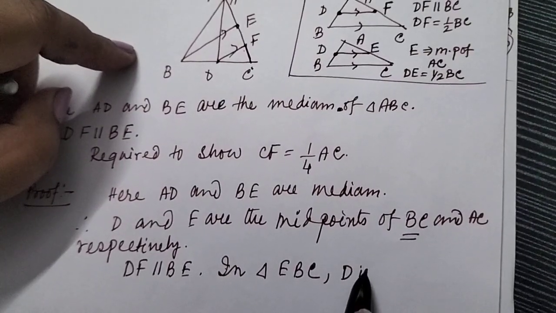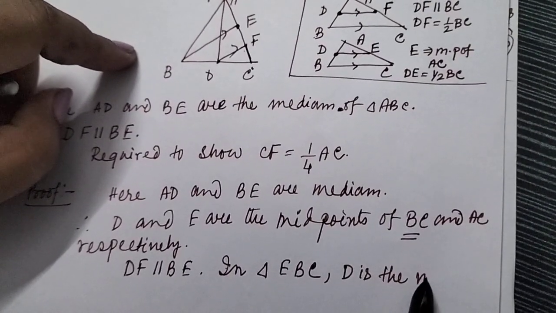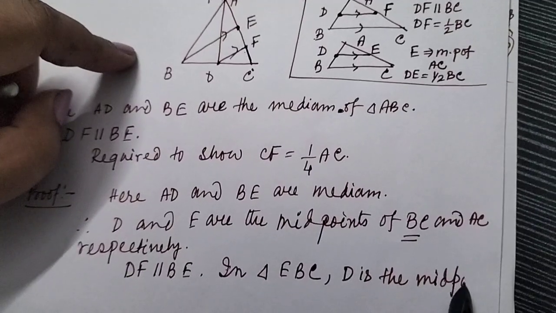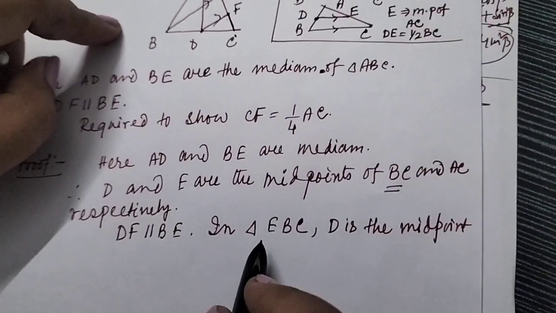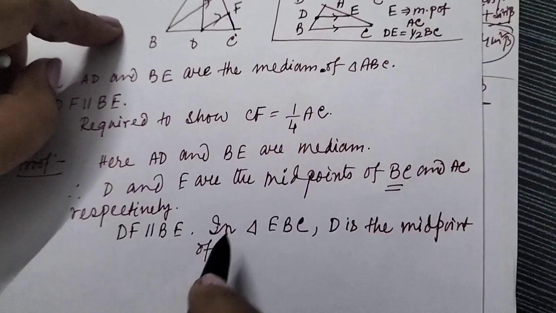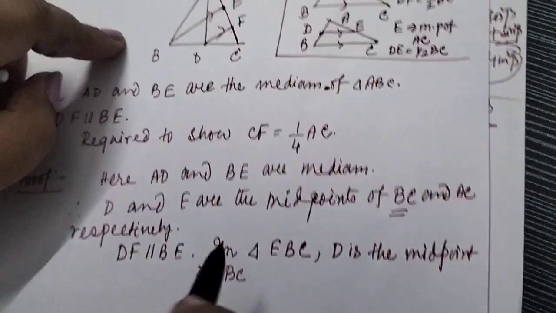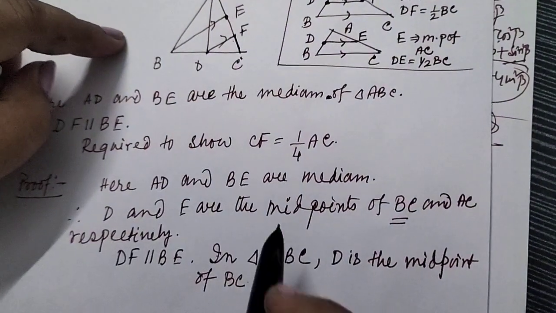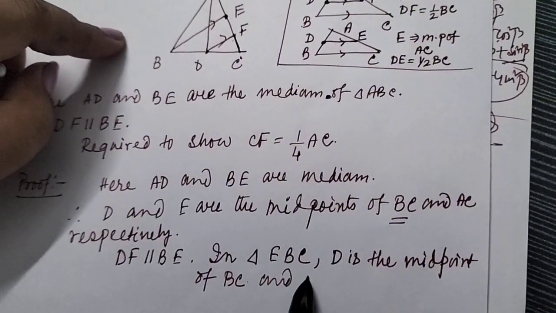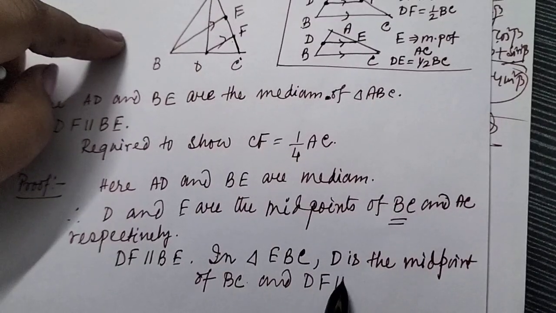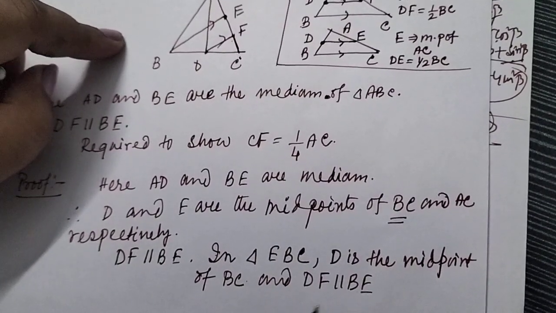D is the midpoint of BC. Here we get this, and DF parallel to BE by given condition.